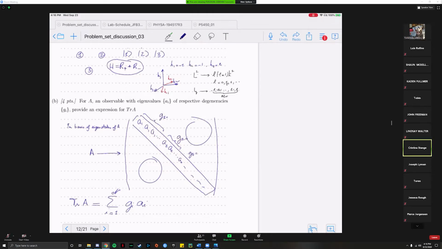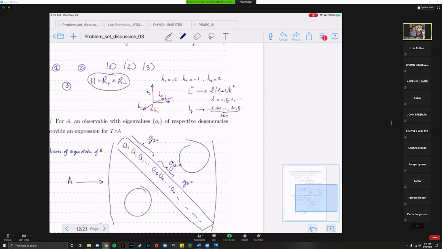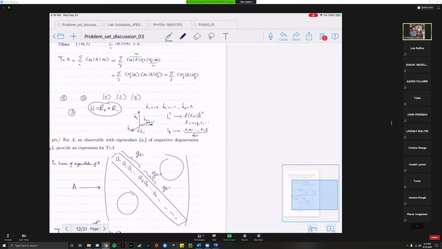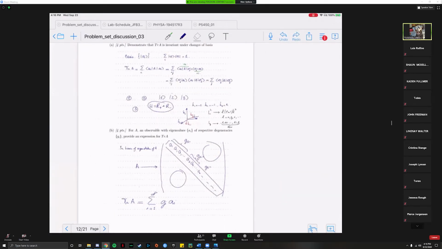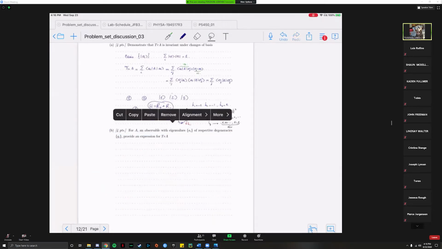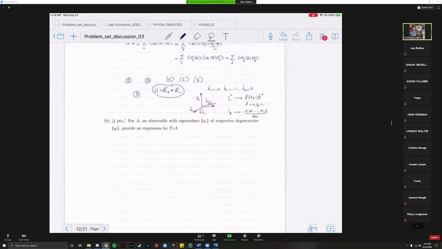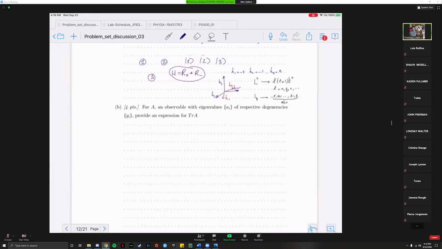But an example that we have encountered already is the example of angular momentum. If I were to do the same thing for L, you know that L can be represented by a matrix.